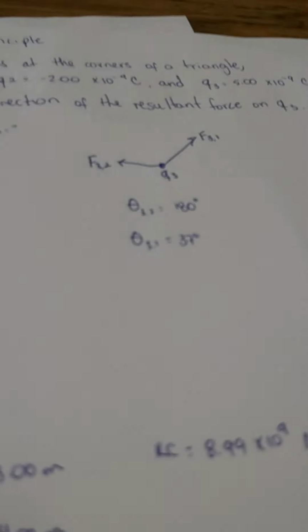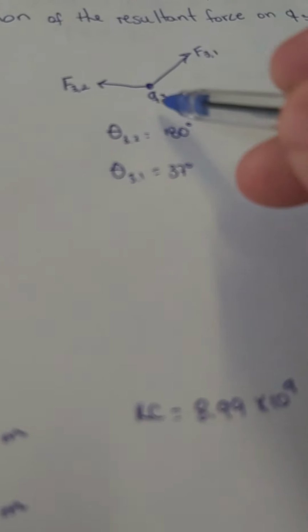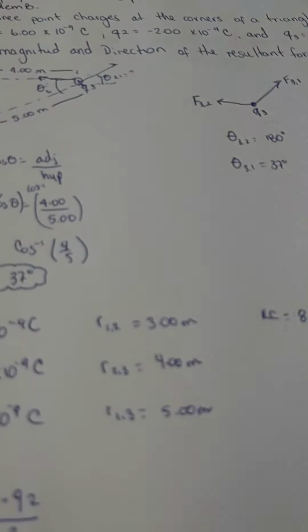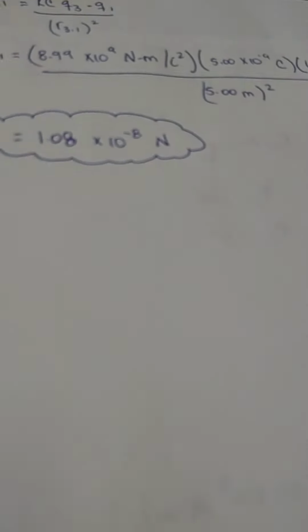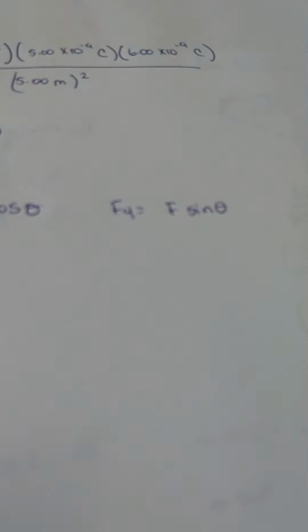Now we must find the magnitude and direction on charge 3, right? So remember the formulas: Fx equals F cosine of theta, Fy equals F sine of theta.